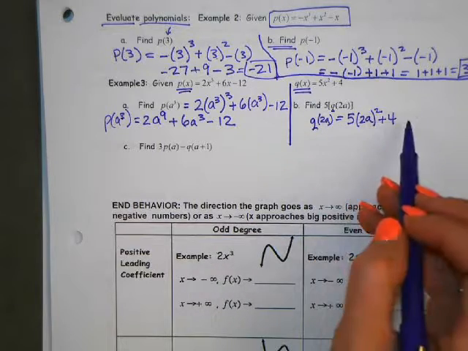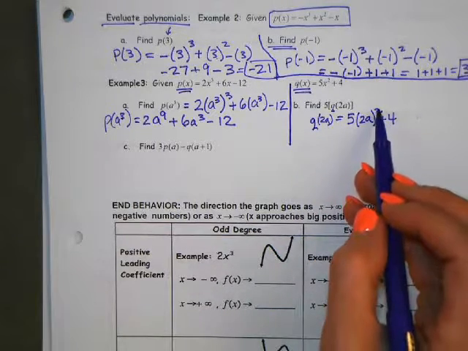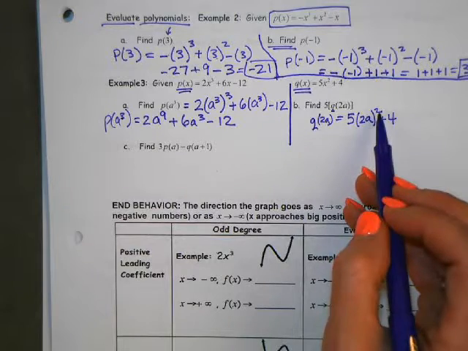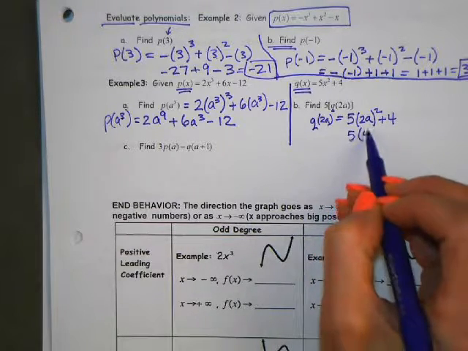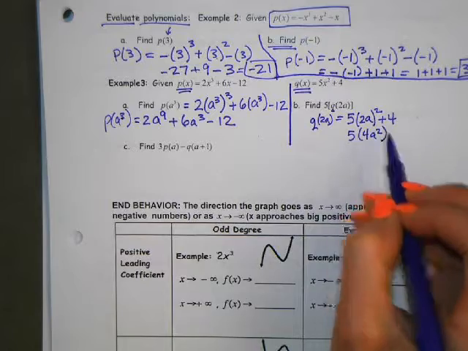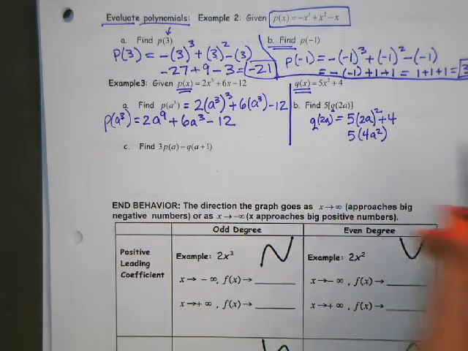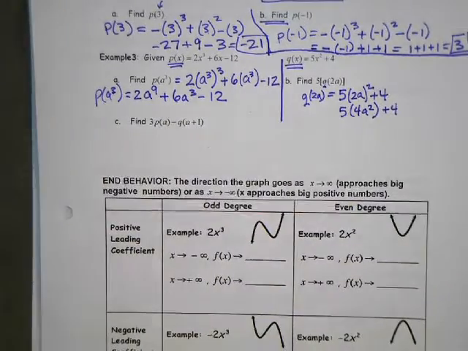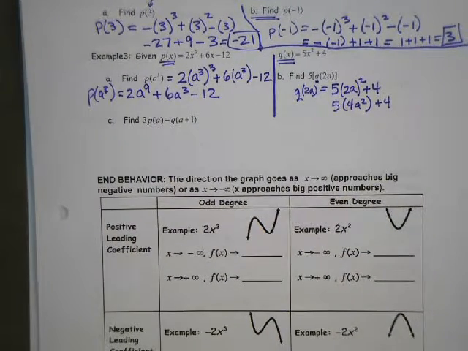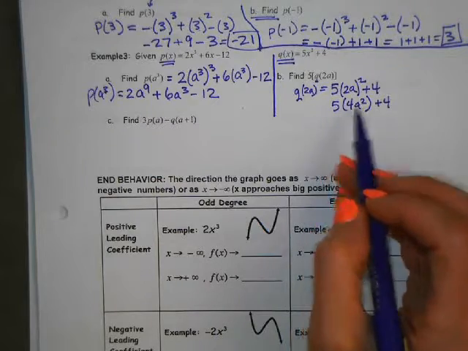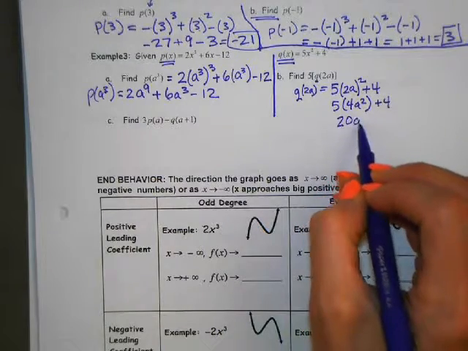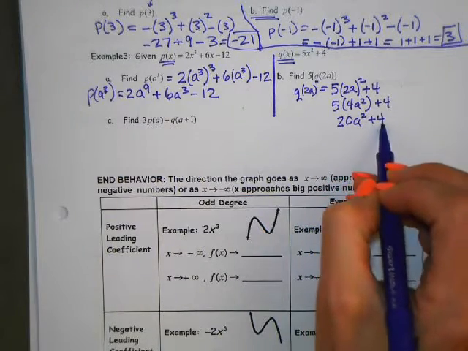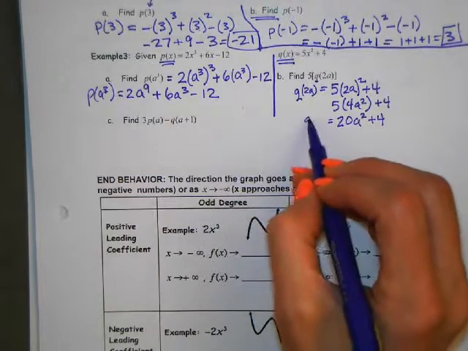So when I simplify this right here, I have 2 squared and a squared, so it becomes 5, 4a squared, because I have to apply the square to those two first, plus 4. Okay? And then I multiply the 5 through to this one, so I'm going to get 20a squared plus 4. And that equals my Q of 2A.